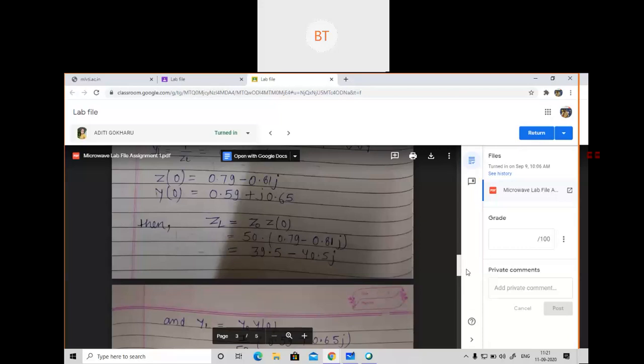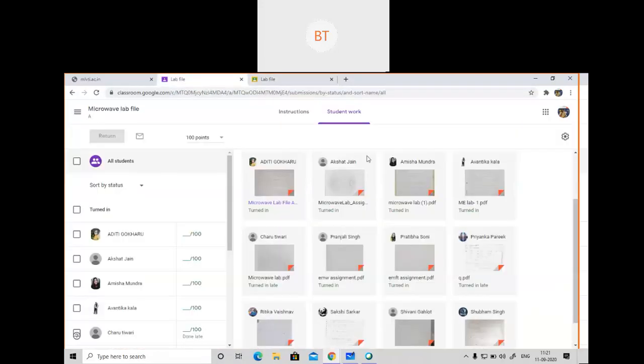The approximate value is correct. It is definitely some calculation mistake, so it's not a problem. You have tried and you got an approximate answer. Very good, Aditi. Let me check the others also. Pratibha.